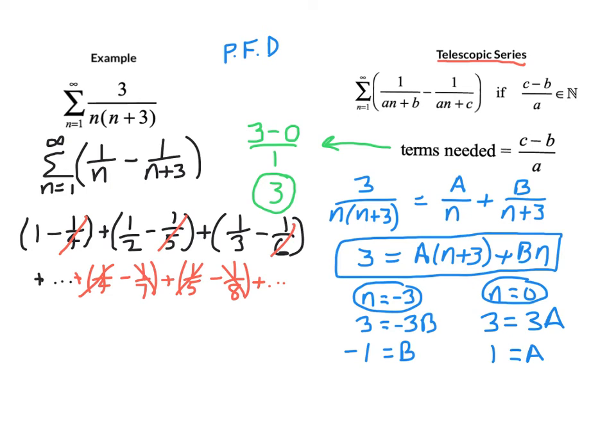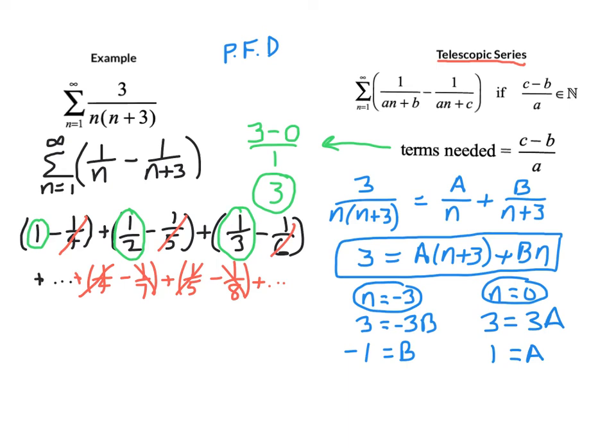So the only thing that survives this telescopic series as we go to infinity is the first term of the first 3 terms of the series. So the front end of the first 3 terms of the series are all that are going to survive this whole telescoping process. Everything else is going to cancel out.